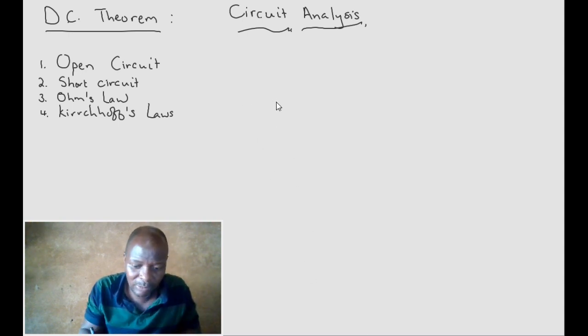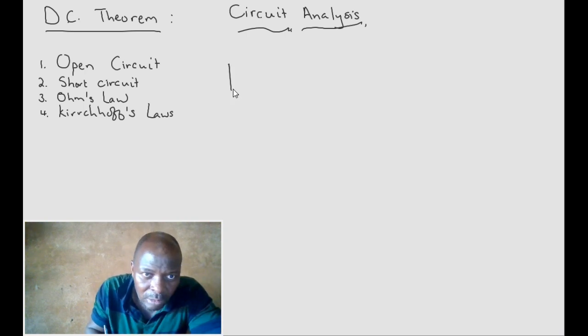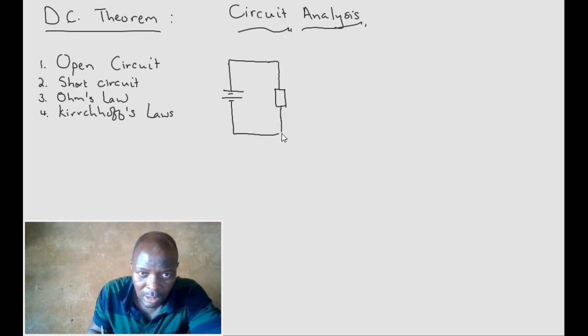Let's say we have a circuit like this. Let's suppose I were to supply a resistor right there, and then probably a network of resistors, something series parallel like that.